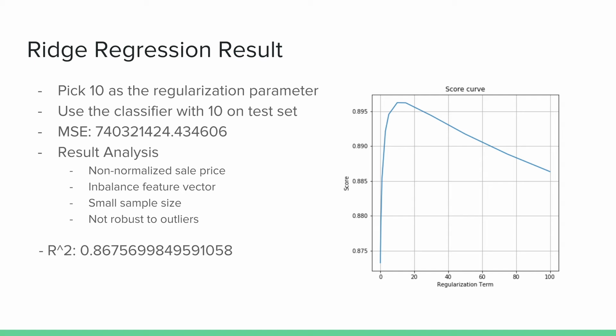The second is the imbalanced feature vector, because the original dataset includes many categorical data, and we preprocessed all of them with one-hot encoding. Also, the large mean square error may be due to the small sample size, and the model is not robust to outliers. However, this model is pretty good because from the R-squared score, this model can explain almost 86% of the data.